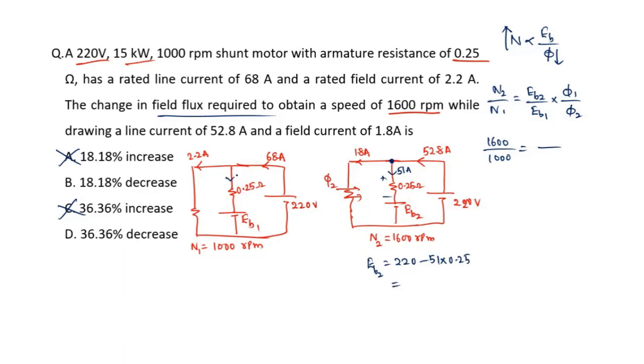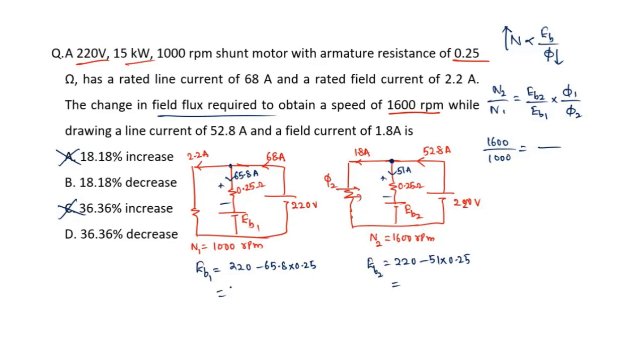Similarly, for EB1, 68 is entering and 2.2 is leaving, so it will be 65.8 amperes. So EB1 is equal to 220 minus 65.8 into 0.25.